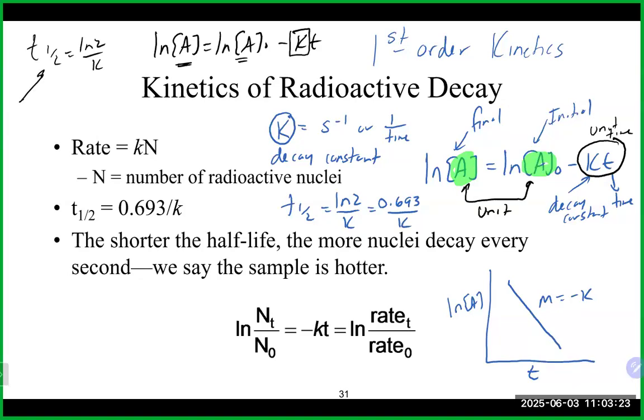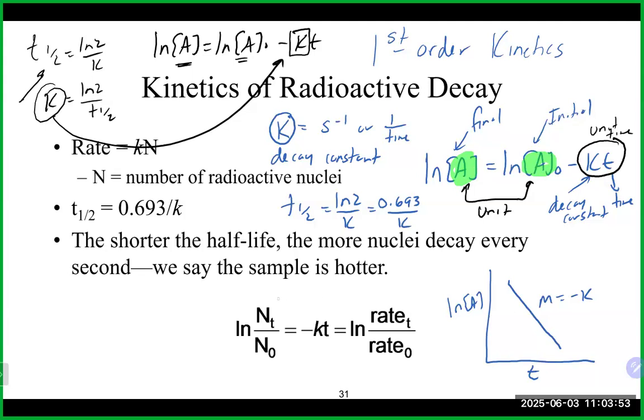And by the way, as you hopefully remember, the half-life is the time it takes for half of whatever you started with to go away. So if you had 10 of something, after the first half-life, you have 5, right? After the next one, you have 2.5, and so forth. So a lot of times you'll be using this half-life equation to solve for the decay constant, so then you can put it into this equation and solve for what you're really looking for. So that's a very common thing here in nuclear chemistry.